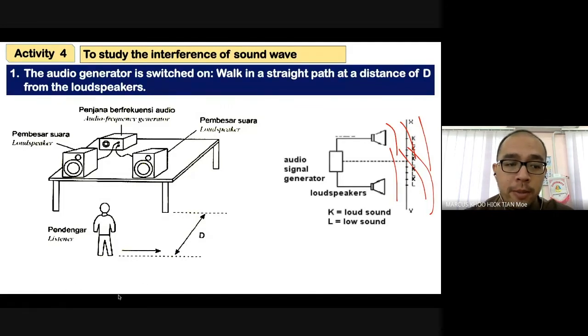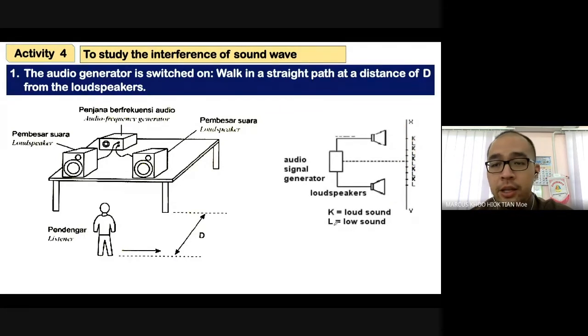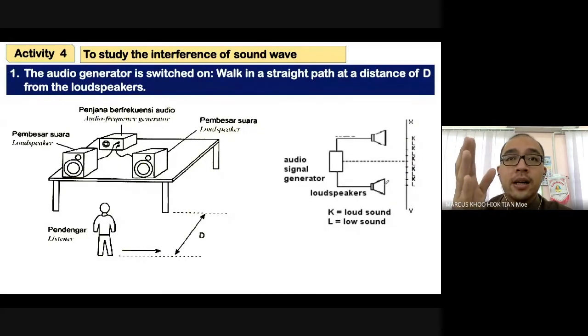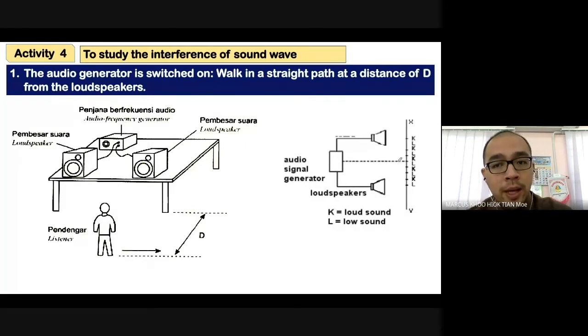If you remember light waves, when the interference happens, the centermost pattern is the bright pattern, which we call the antinodal region. Likewise for sound, the center one is K, which is a loud sound, and then L is a soft sound.